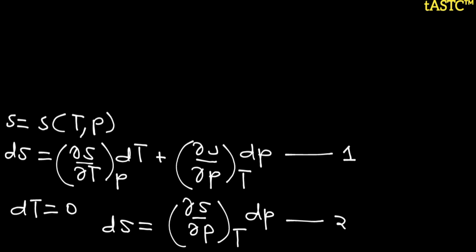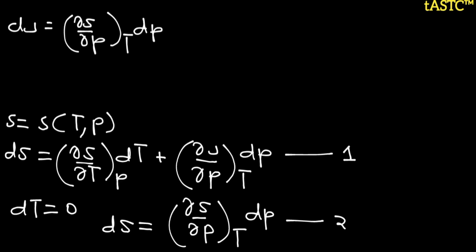Now, I'm just going to write it here. This is dS, and that is equal to partial S, partial P at constant T multiplied by the natural derivative of P. Now we know that the change in the heat that is given off during a process is given as TdS.